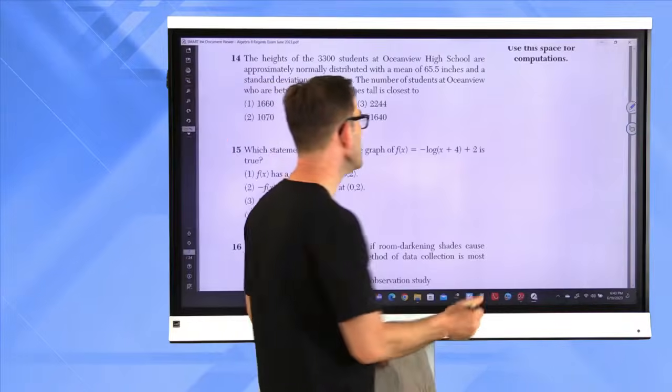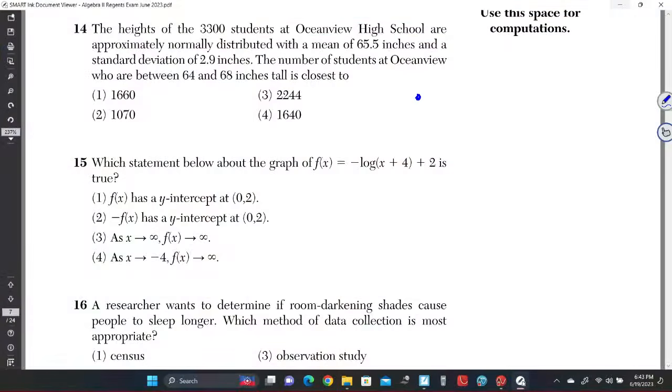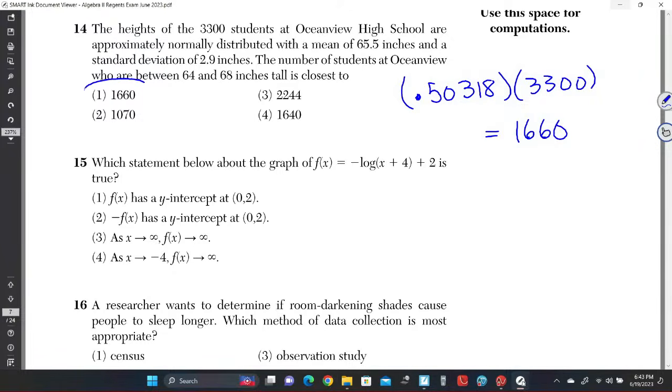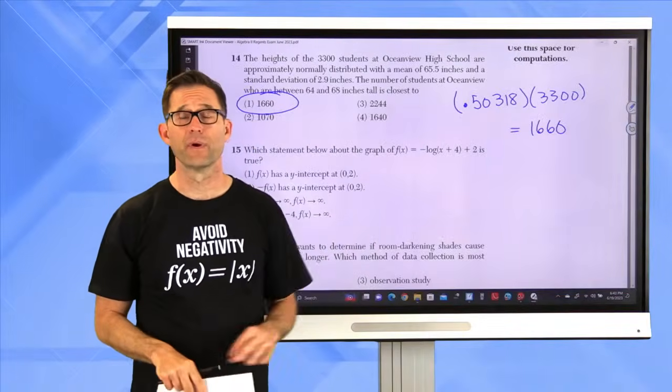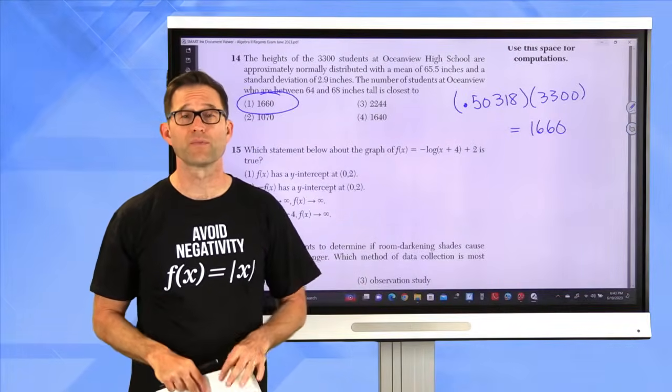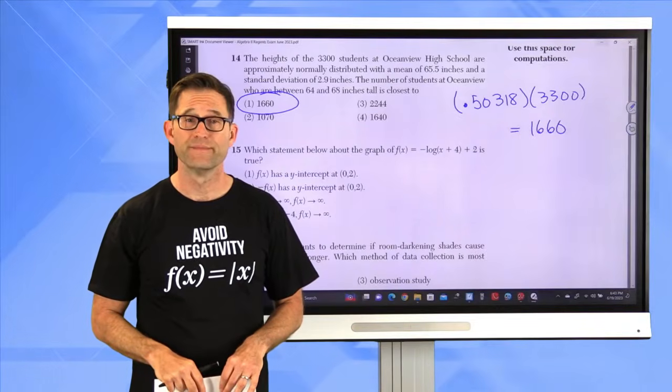So what we need to do is take that proportion, 0.50318, and multiply it by 3,300, and that is just about 1660. All right, very calculator driven. There is literally no way to do this problem without a calculator.